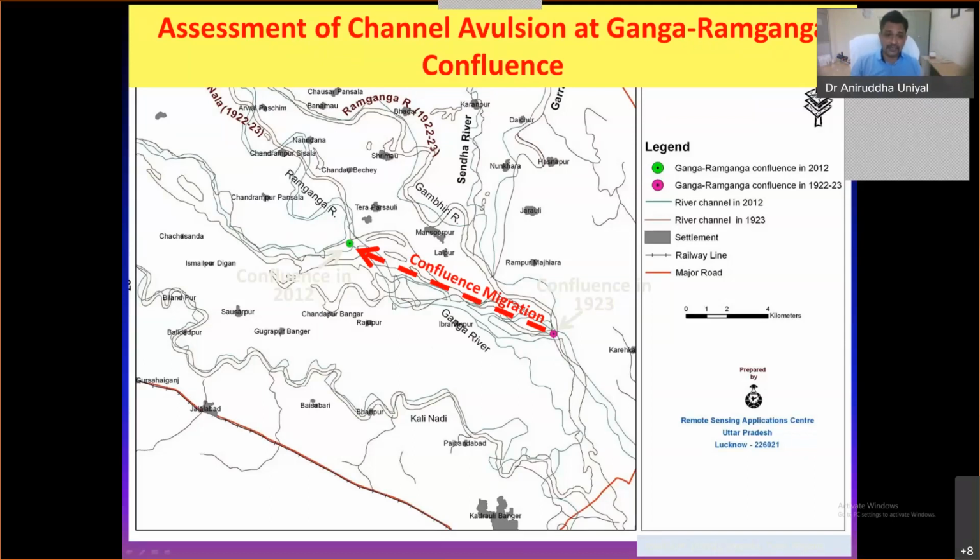So what is happening is that because of the migration of the Ramganga river, particularly in this region, it poses a threat of erosion to that gas pipeline as well. So river channel migration study sometimes helps us in disaster resilience or in making action plans for safeguarding our infrastructure, including our bridges, railway lines, and gas pipelines.